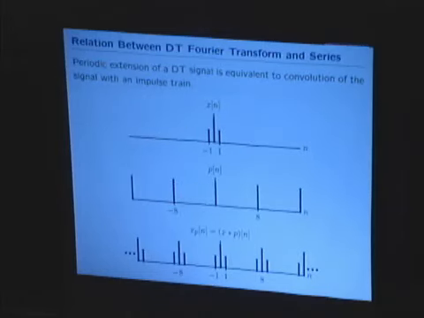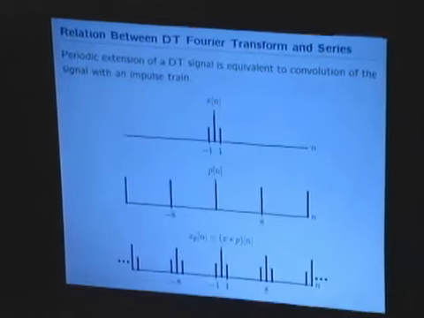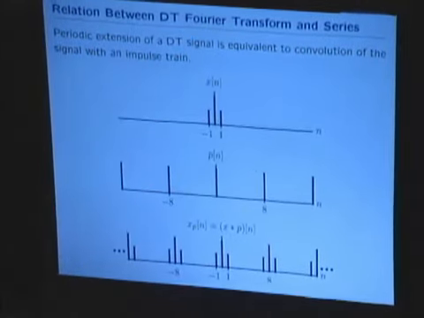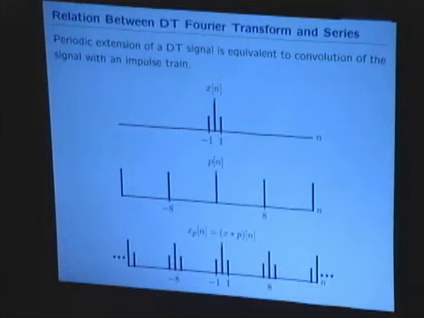Not surprisingly, what I have to do is the same thing I did in continuous time. If I want to change this DT signal, which is aperiodic, into a periodic DT signal, I do periodic extension. I can think about the periodically extended waveform, here extended by multiples of 8, as being the original waveform convolved with that unit sample train.